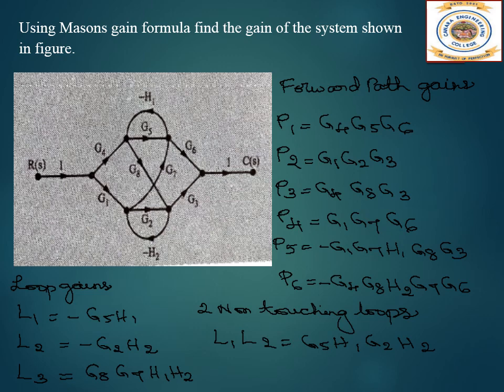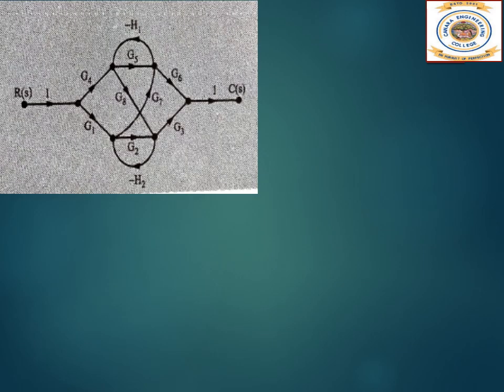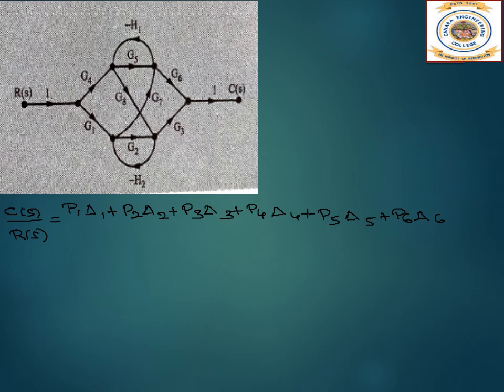Now next we have to write the Mason's gain formula. So let us write the Mason's gain formula. C of S by R of S. Here we have six forward paths. So P1 delta 1 plus P2 delta 2 plus P3 delta 3 plus P4 delta 4 plus P5 delta 5 plus P6 delta 6 whole divided by delta.